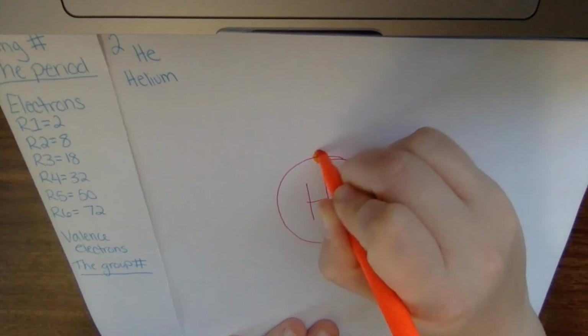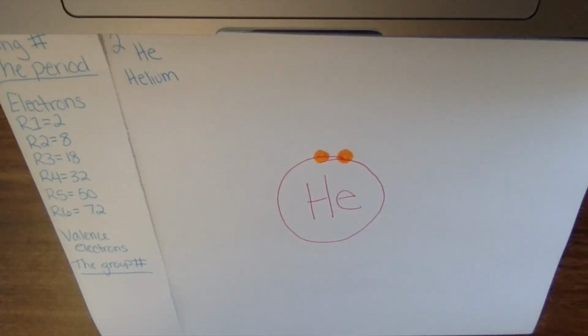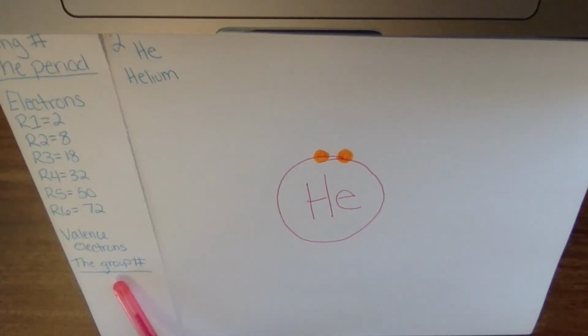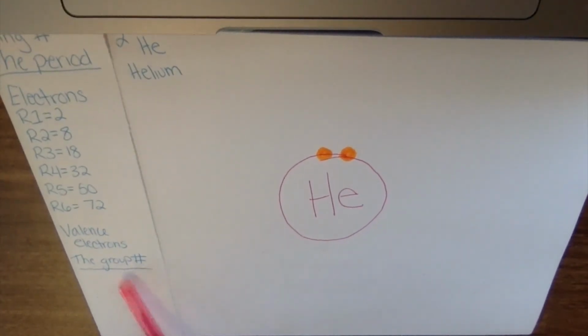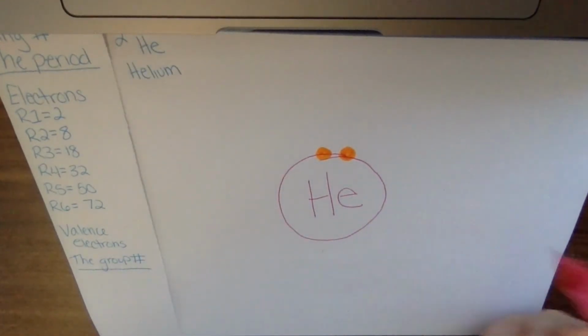So we have 1, 2. With helium, it's a bit different. It is not going to follow the valence electrons by group, because helium falls into group 18 on the periodic table. Well, it can't have 18 valence electrons because it only has 2 electrons available.